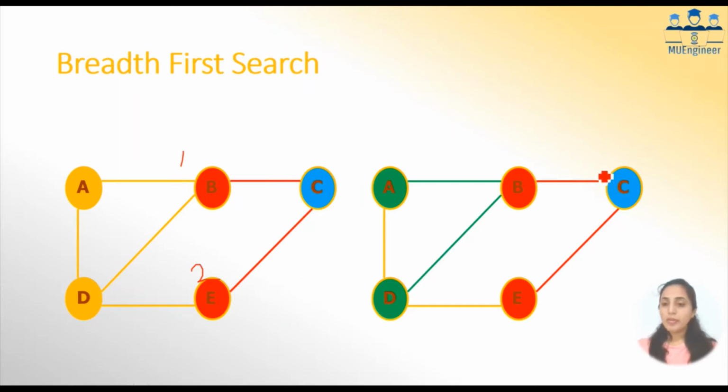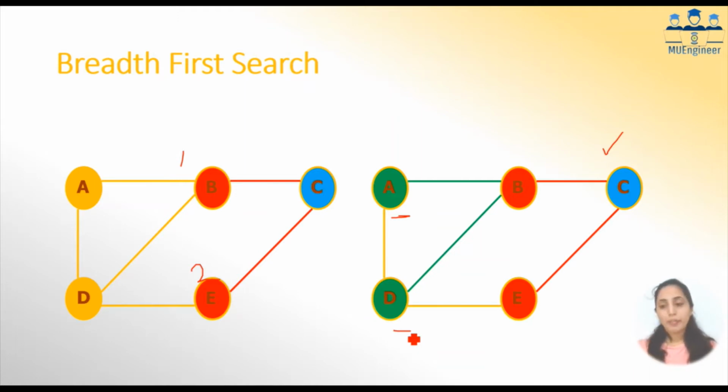C is a neighbor of B, but it is already explored. So the two new nodes which I will be exploring are A and D. Likewise, I'll keep on exploring the neighbors of neighbors till I reach my goal. So what is the goal? To reach all the nodes in my graph. Once I reach all the nodes in my graph, I will stop.